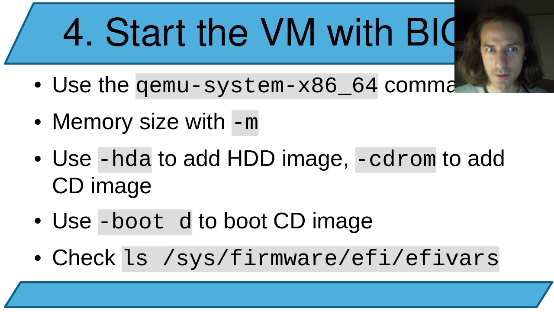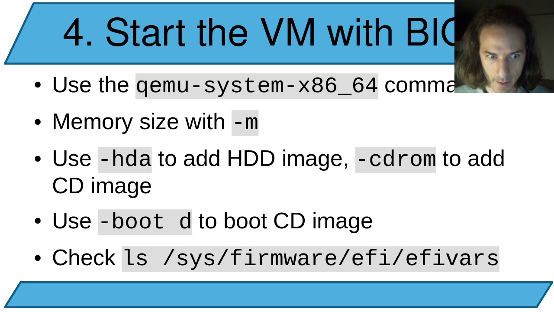We will also have to specify the memory size for our virtual machine with the -m switch, and we will use -hda to add one hard disk image and -cdrom to add a CD image, and then we will add -boot d to boot the CD image out of all these disks. Then, inside the virtual machine, we will check if we have an EFI system or we don't. In this case we should not have an EFI system.